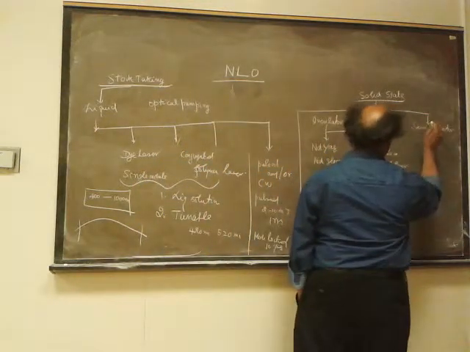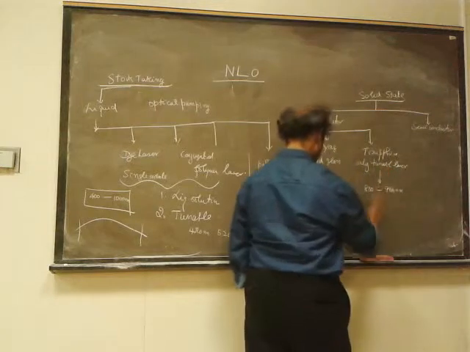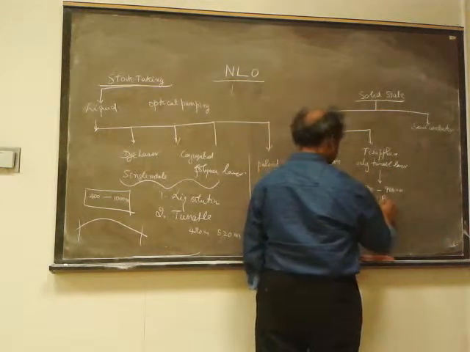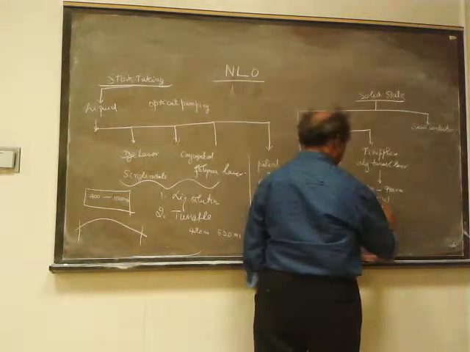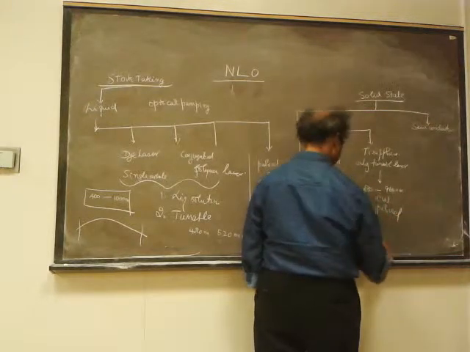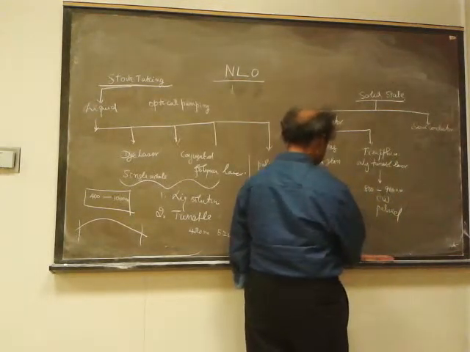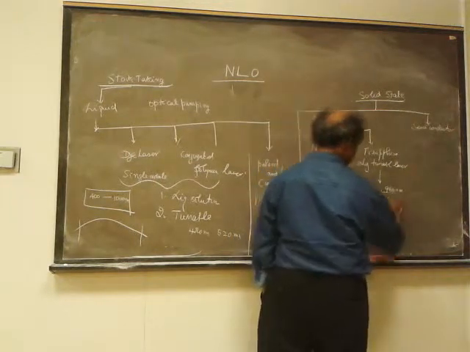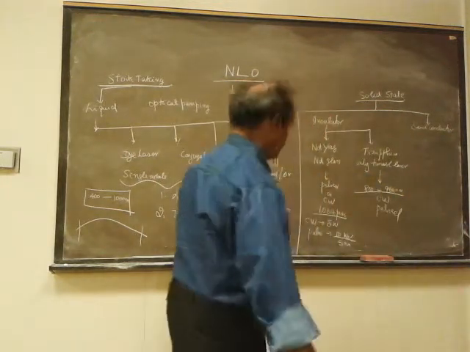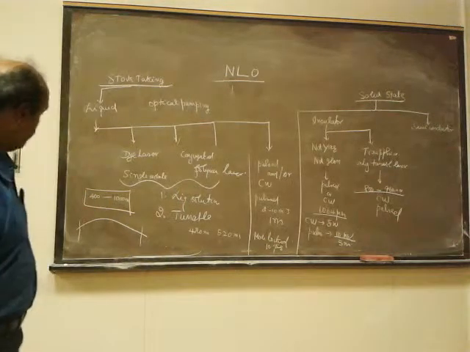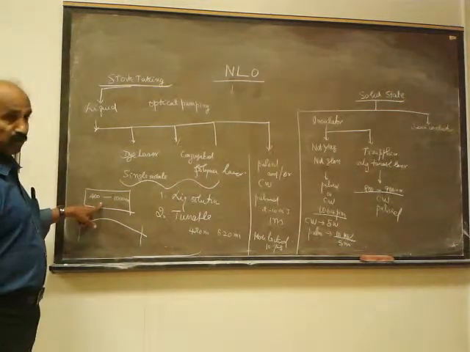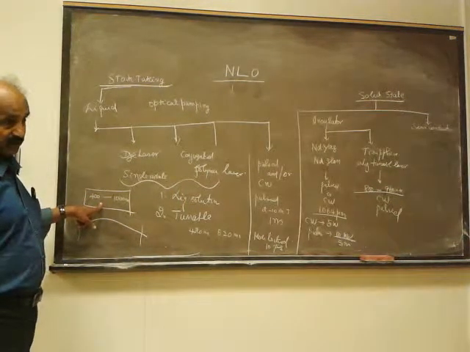Then let us finish this one. Again, it can be CW or it can be pulsed. Tie sapphire laser, look, this is in the infrared. This is in the visible region. Now look at this one. This is the tunable laser in visible region.